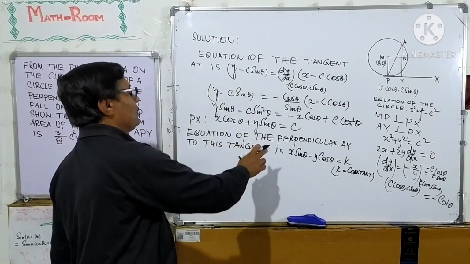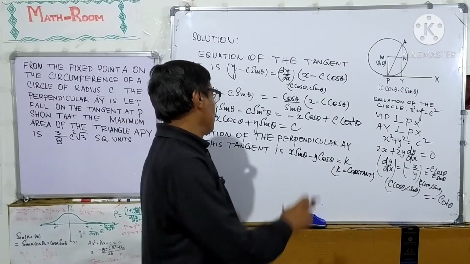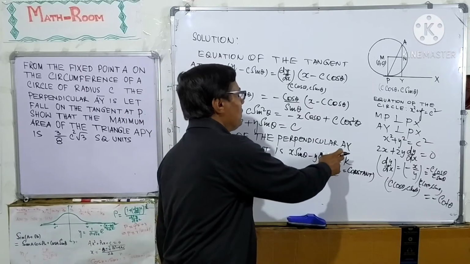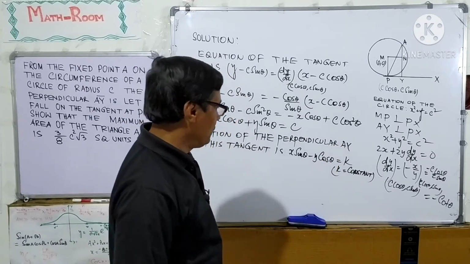So, this is the primary equation of the perpendicular to the tangent. We have to find the value of k.